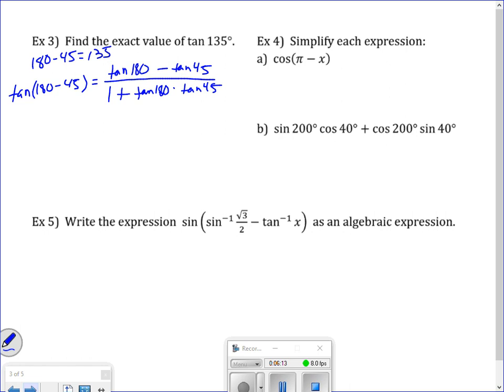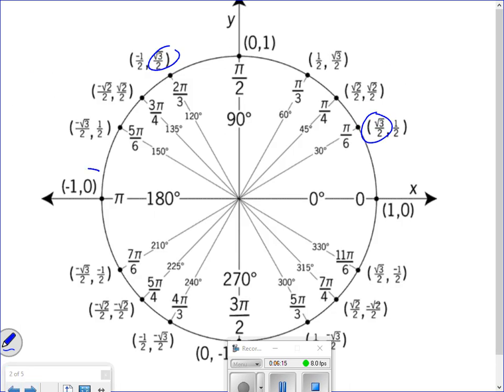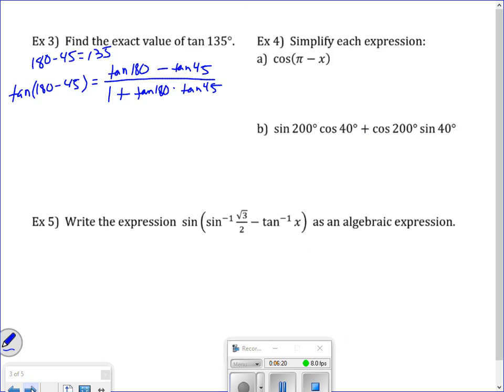So tangent of 180: if I go to 180, here it is. The tangent is the sine over the cosine, so the tangent is 0. So I'm doing 0 minus the tangent of 45, which is 1, over, then on the bottom, 1 plus 0 times 1. So I end up getting -1 over 1, which is -1, which we knew was going to happen anyway.